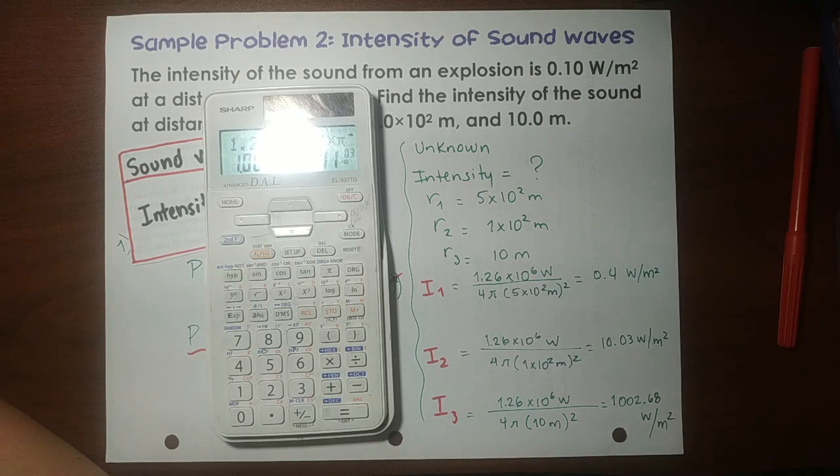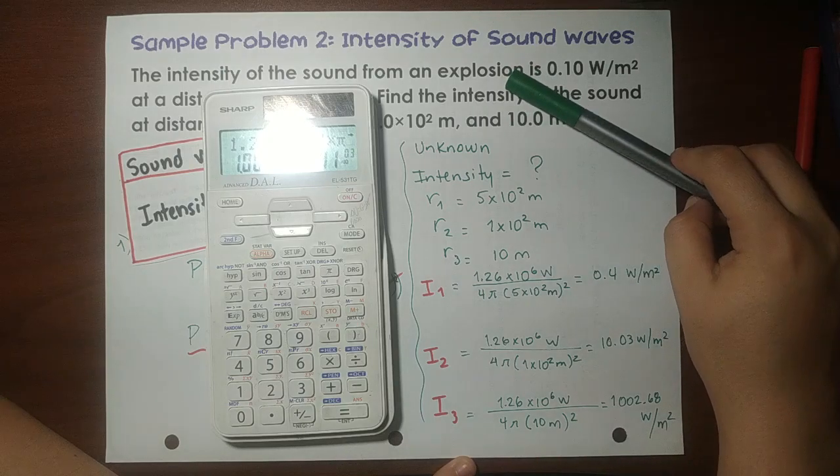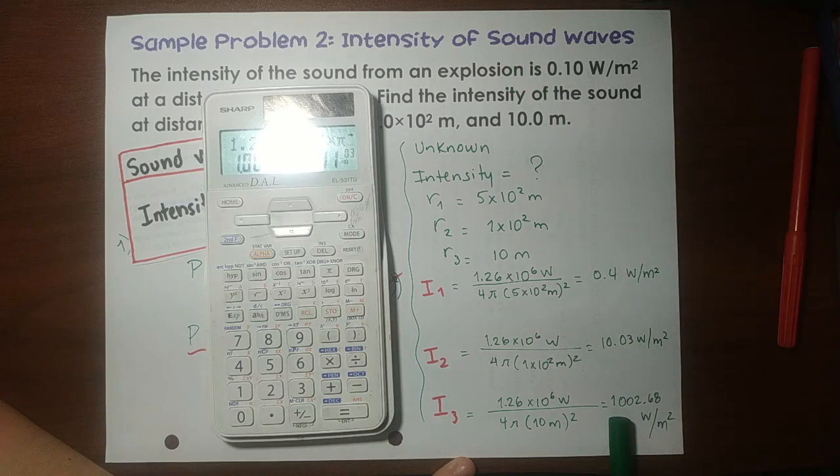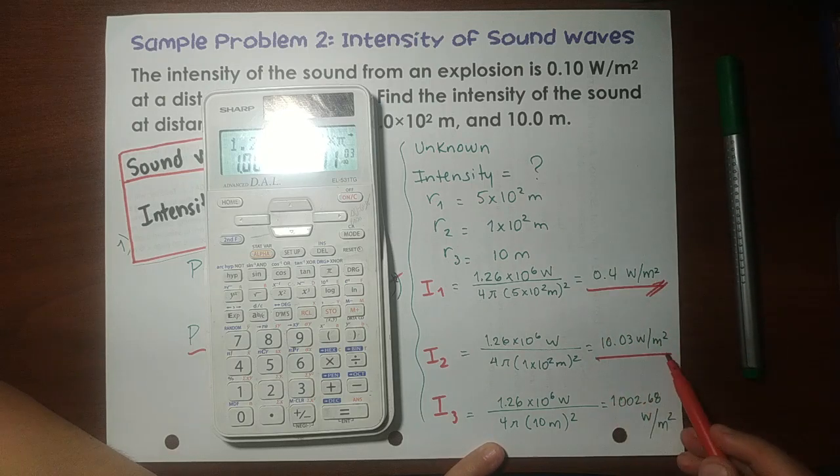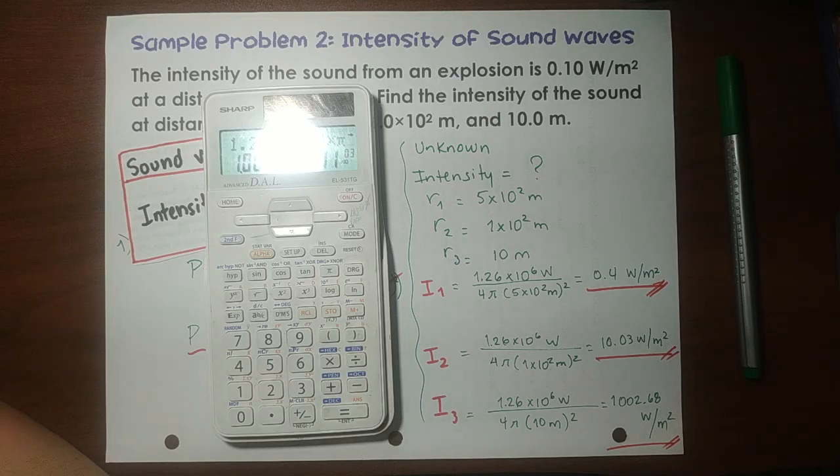As we predicted, I am closer to the source. The source is the explosion itself, so the intensity turns to be the largest. And that's it, guys. Thank you for watching.